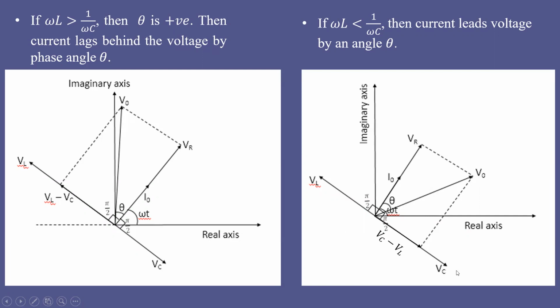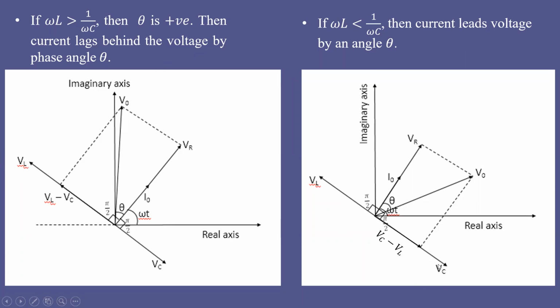This is because the voltage across the capacitor is always lagging behind the voltage across the resistor. So the capacitor will dominate here. In the earlier case, the inductor dominates, and that is why it makes the voltage lead, because VL is greater.